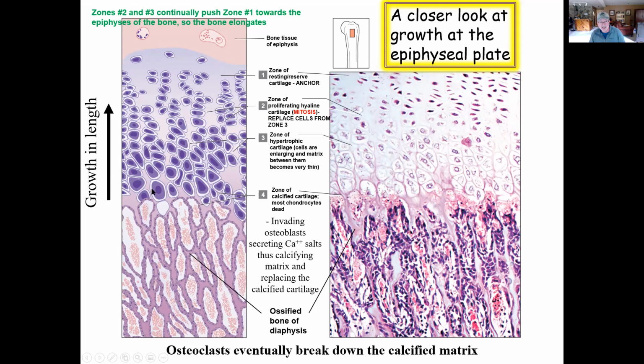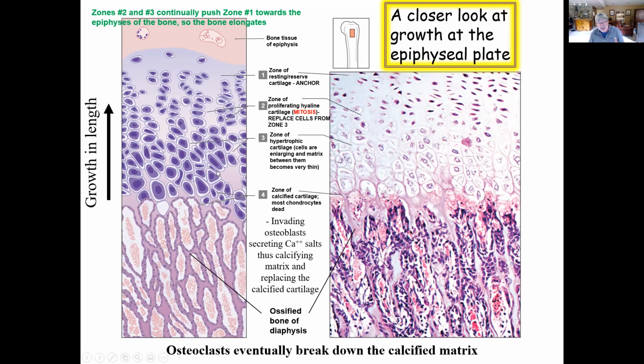So these chondrocytes die off. And they eventually are replaced by osteoblasts, which build bone. And that's what's going on down here. The osteoblasts have come in, they've begun to secrete the calcium salts that are going to be needed to make the strong bony matrix. These are blood vessels here.